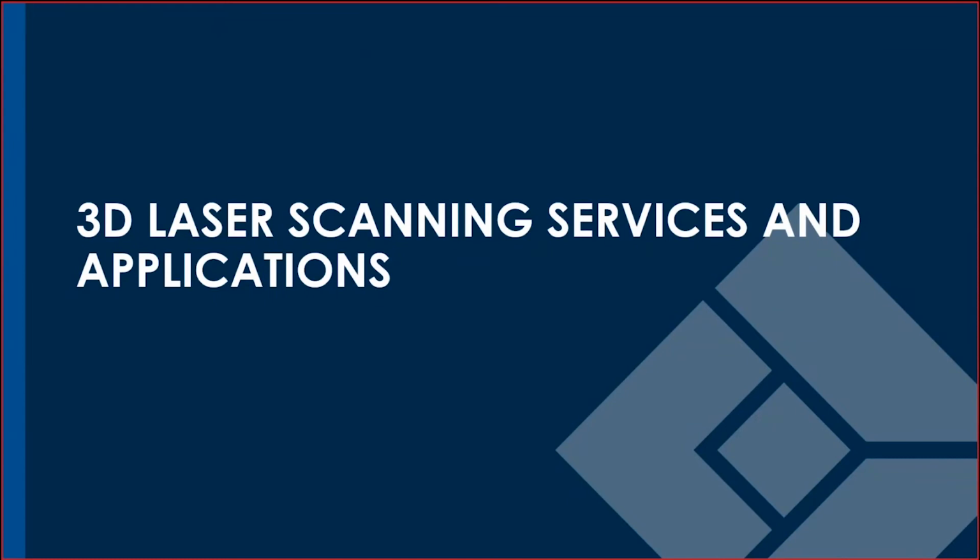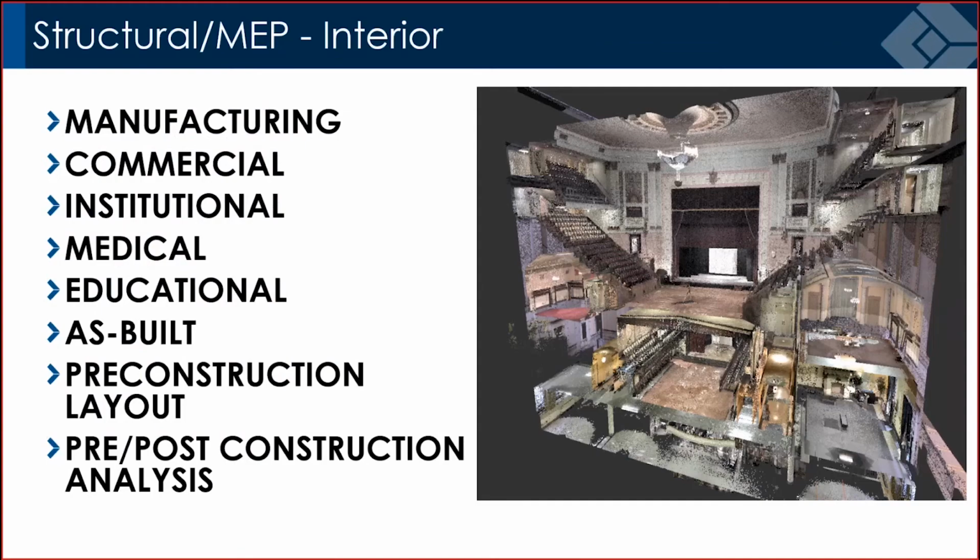Okay, so getting into some of the applications that we've actually done. We're just going to show a couple examples here. Of course, basically, if we can see it, we can scan it. So pretty much anything that you can imagine us scanning, or anything you would need measurements for, that'd be an ideal application.